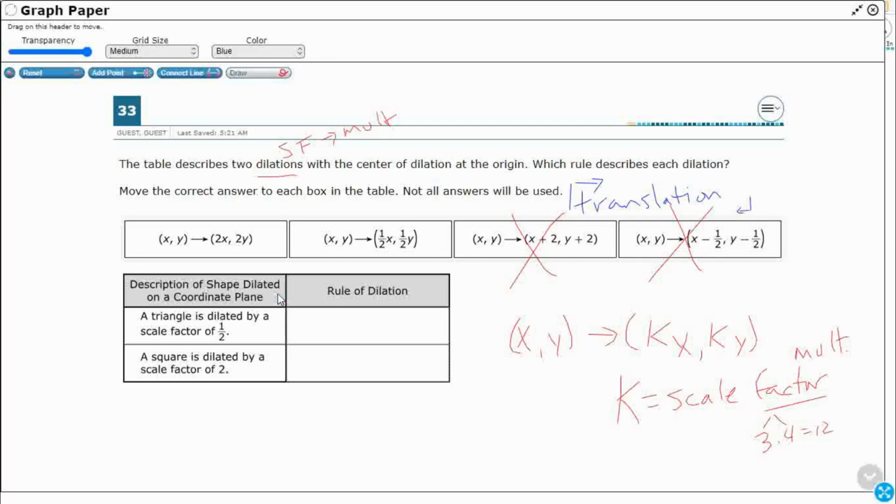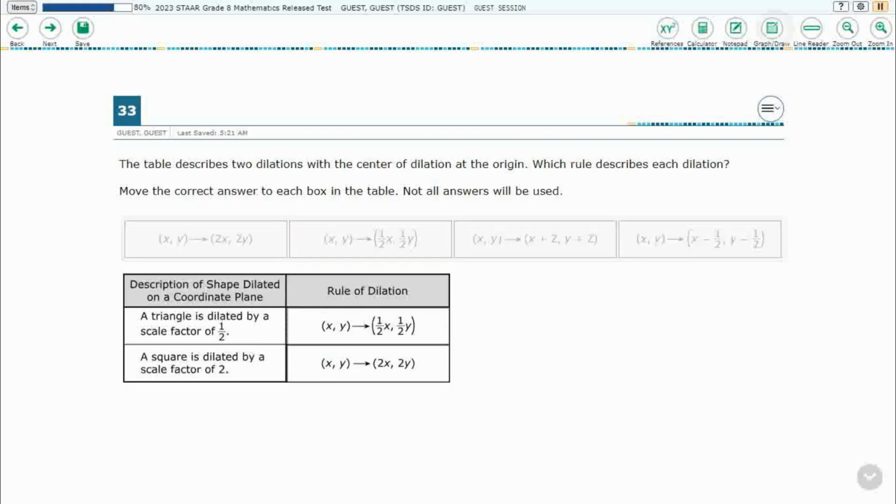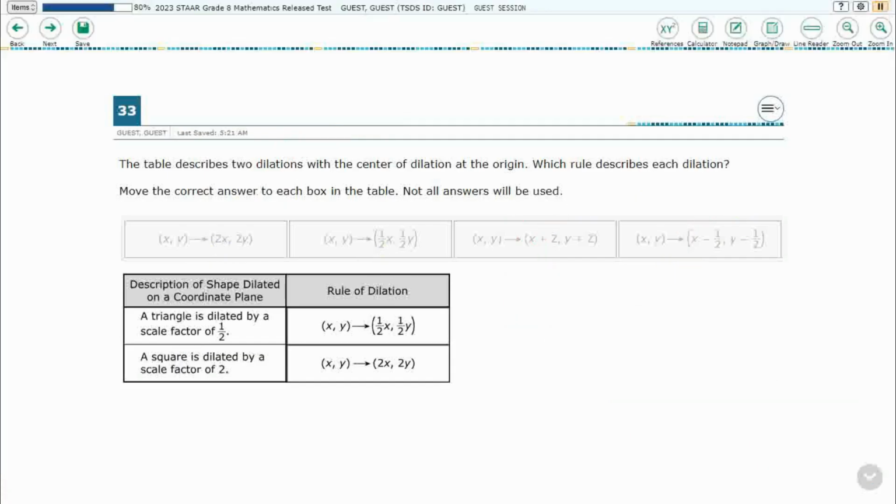So we're just stuck with these two, and once we get these two, it seems like it's going to be pretty easy, right? It's dilated by a scale factor of 1/2, so right there, and then scale factor of 2, you see that (2x, 2y). So once we put together this word factor, and we think, oh, that means multiplication, that really just gives us these two options. We just match up the numbers. So those are the correct answers, the correct rules.